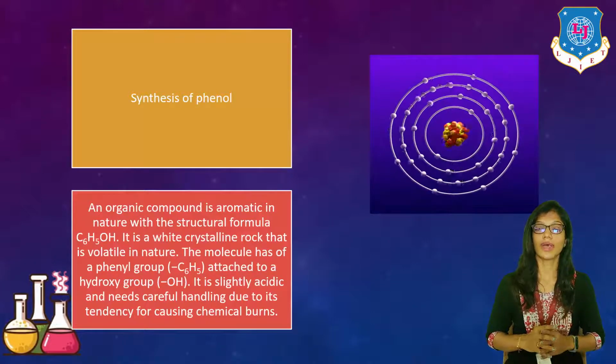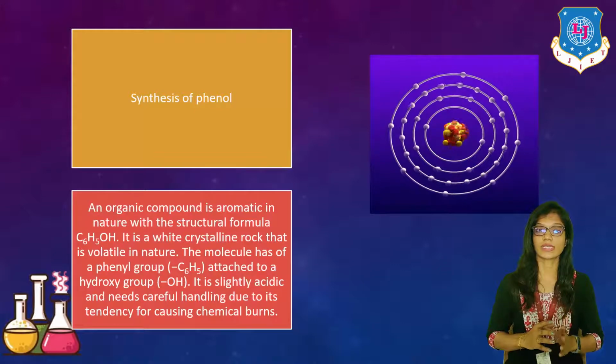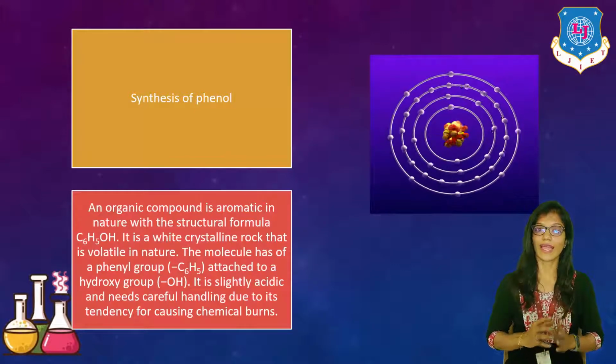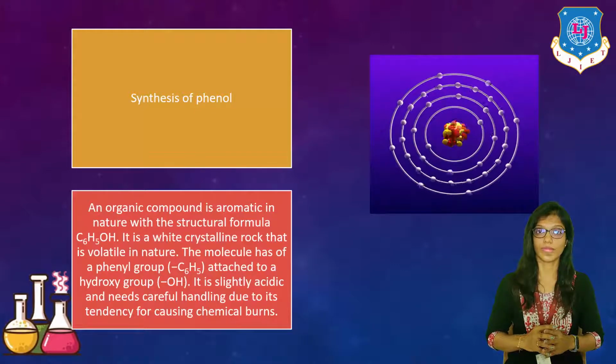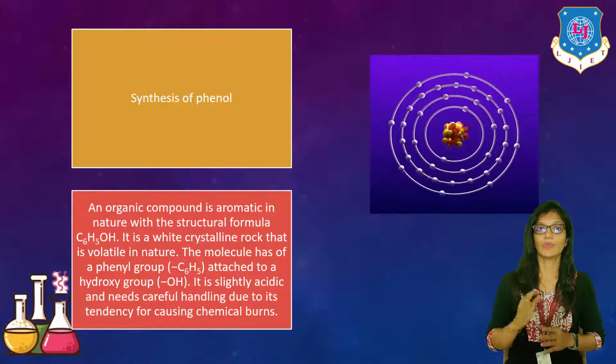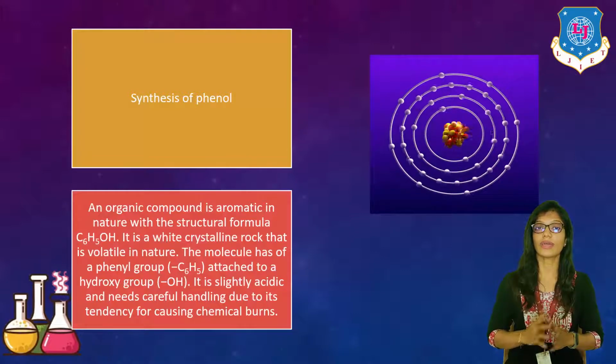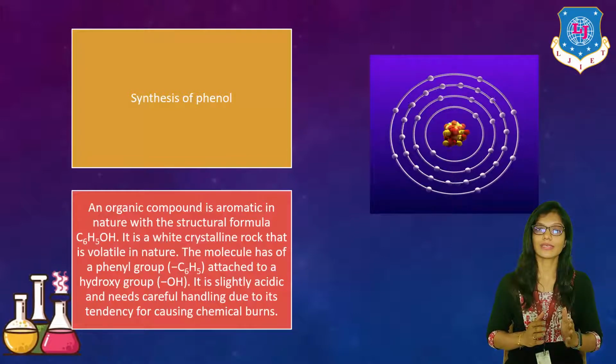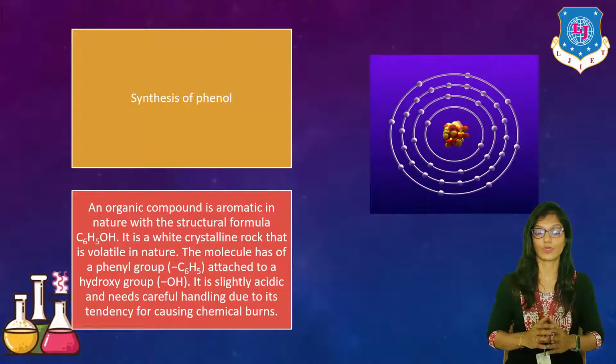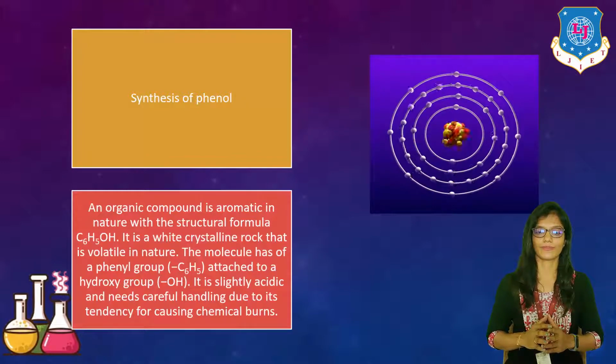The molecule has a phenyl group which is C6H5 attached to a hydroxy group that is OH group. So C6H5 will be attached with the OH group. They both combine with each other and form C6H5OH, which is known as phenol.